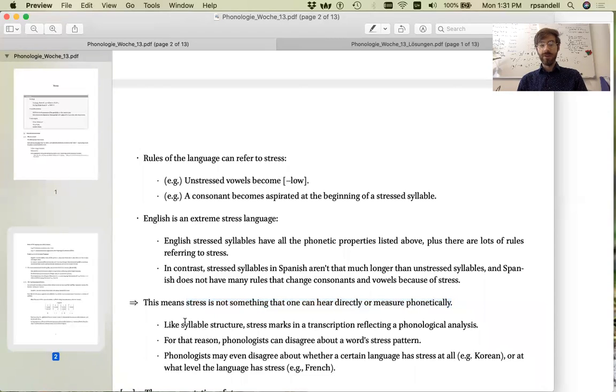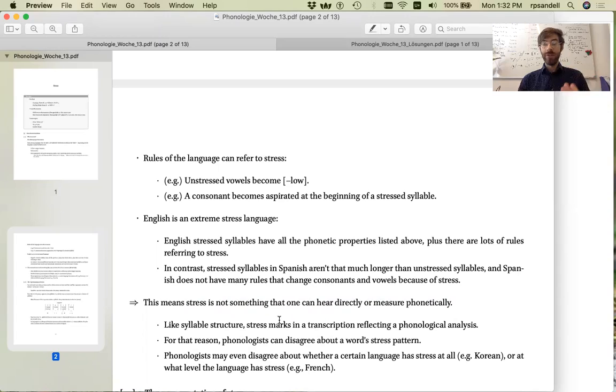So for this reason, just as it was the case with syllable structure last week, when we see stress marks in a phonetic transcription, this in fact reflects a phonological analysis. That is where phonologists, based on phonetic information, the things that they can directly hear, and their further analytical steps have decided where they think the stress falls.